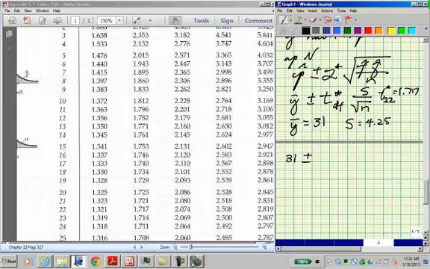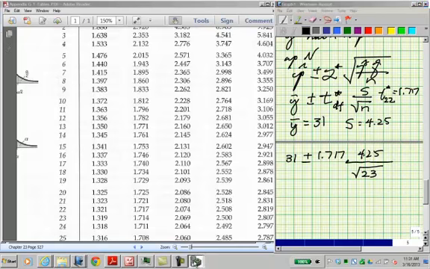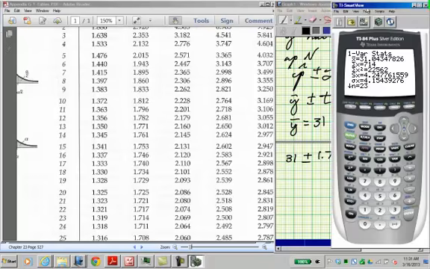Let's double check it. 1.717 times 4.25 over the square root. Now we're not using the degrees of freedom, we're using n. So let's go to the calculator, and then we'll compare this to the book.